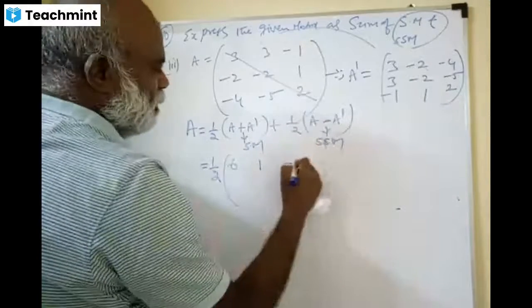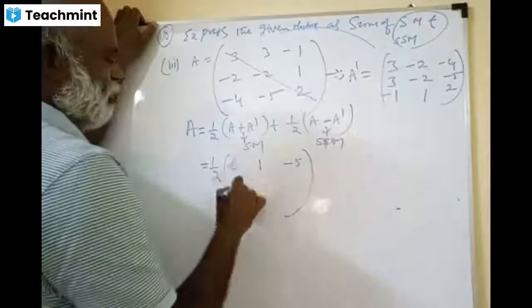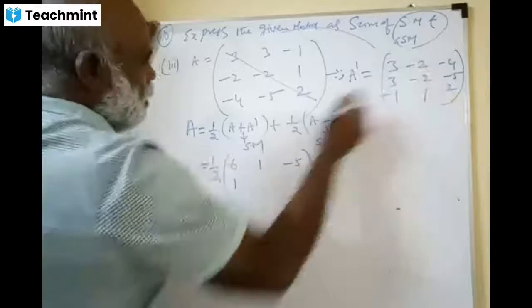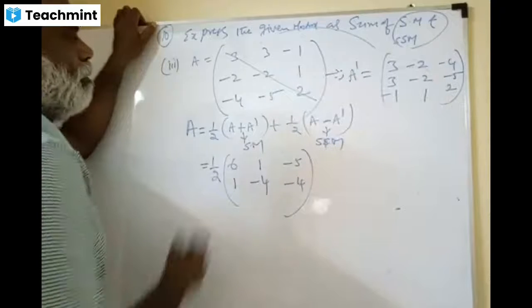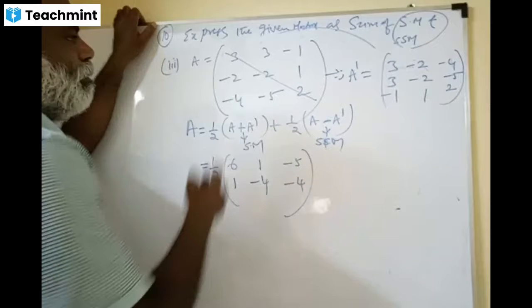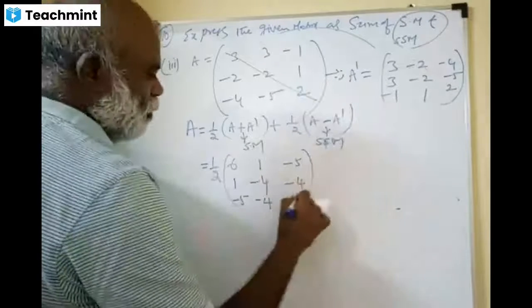Minus 1 minus 4 is minus 5. Minus 2 plus 3 is 1. Minus 2 minus 2 is minus 4. 1 minus 5 is minus 4. Minus 4 minus 1 is minus 5. Minus 5 plus 1 is minus 4. And 2 plus 2 is 4.